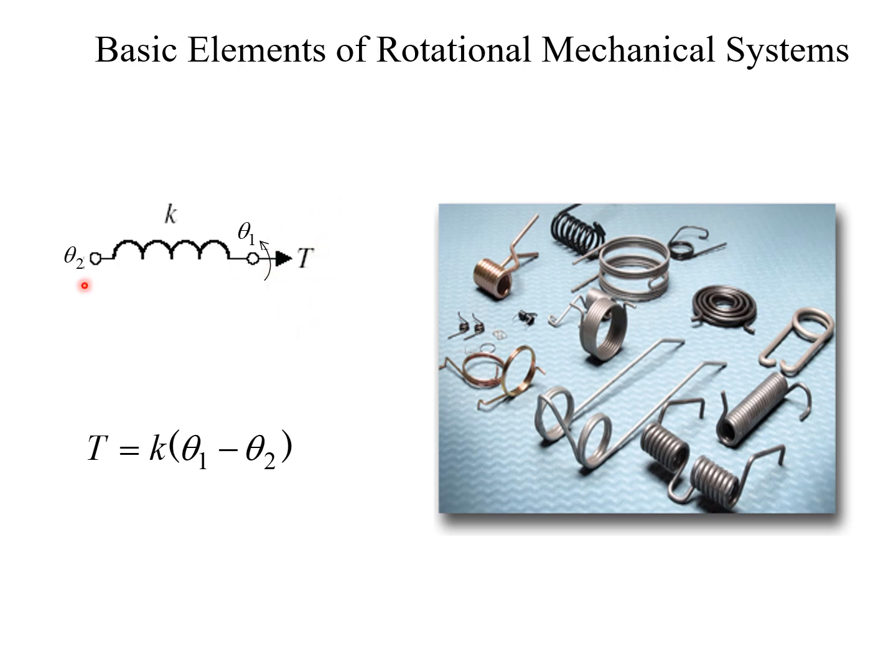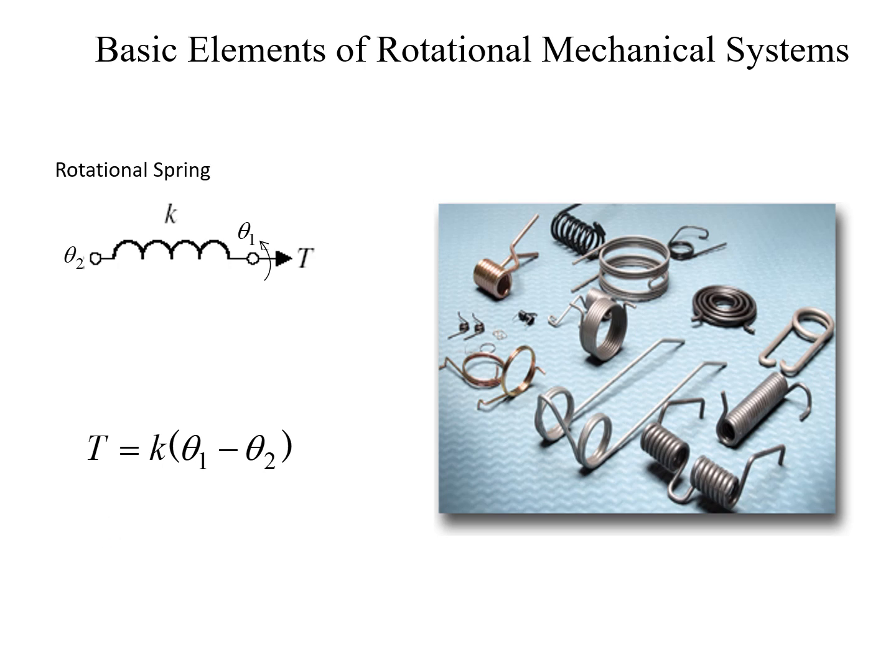When a torque is applied over a spring, you will see two displacements, represented as theta 2 and theta 1, and the resultant torque T is equal to K into theta 1 minus theta 2, if you are referring from the torque side. This you need to remember with respect to the spring element used in the rotational mechanical system.